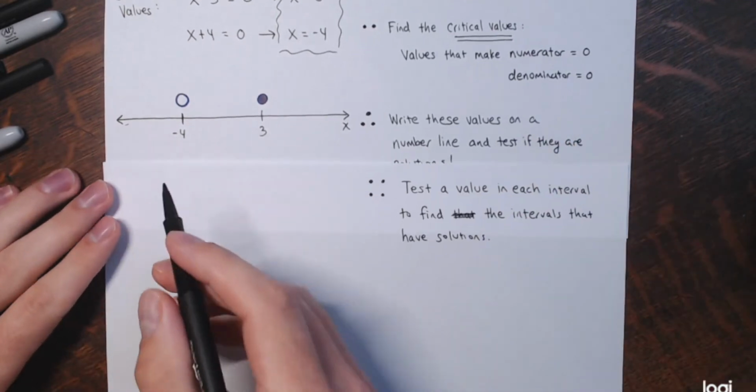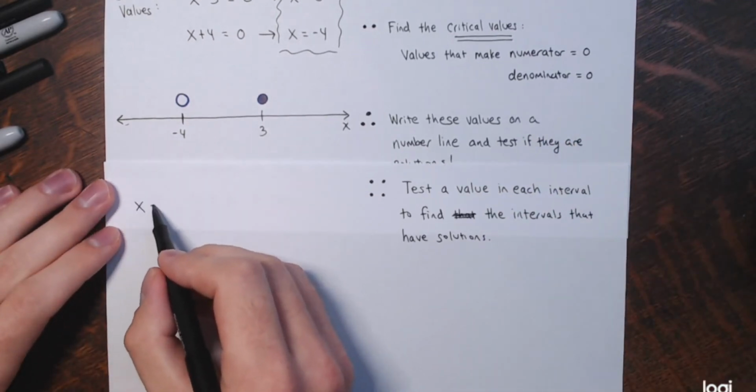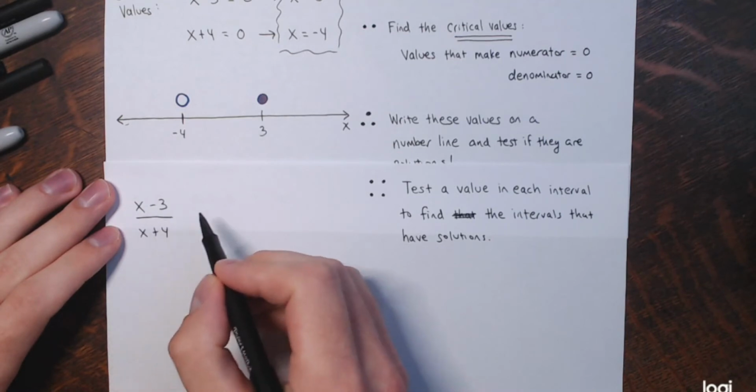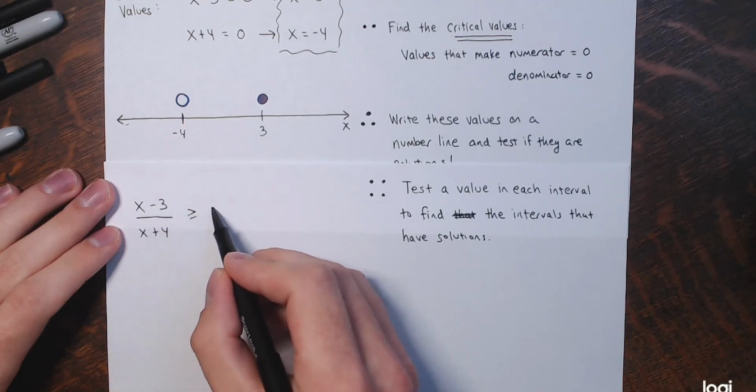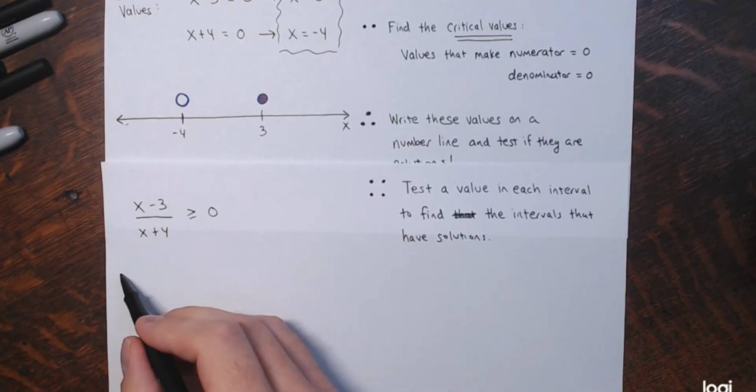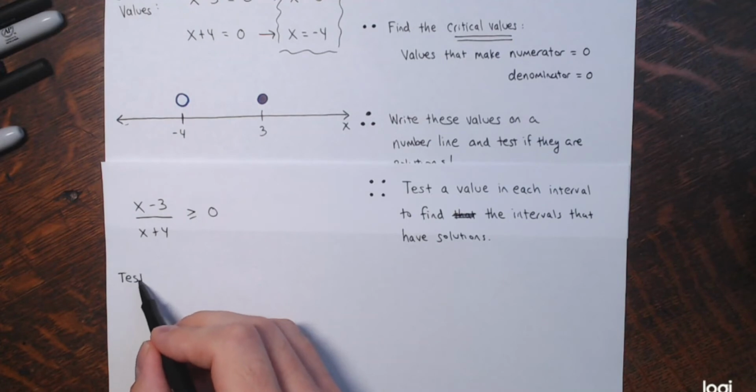So once again, here's the inequality. I'll write it here. x minus 3 divided by x plus 4. When is that greater than or equal to 0? And I'll test some values.